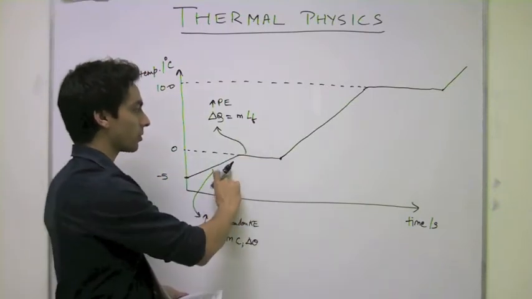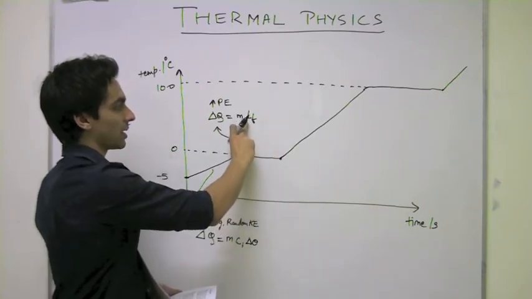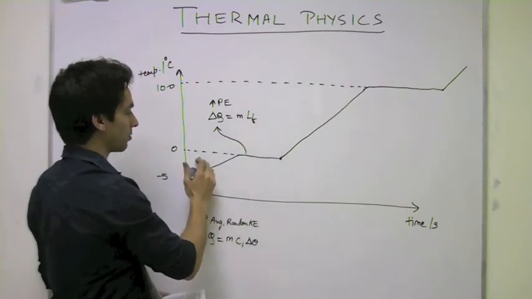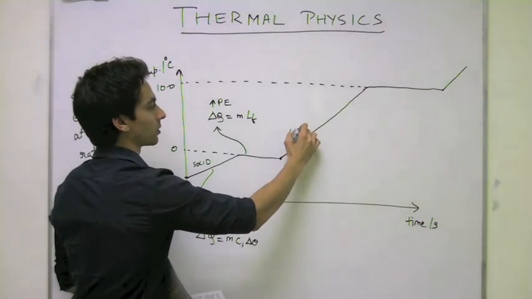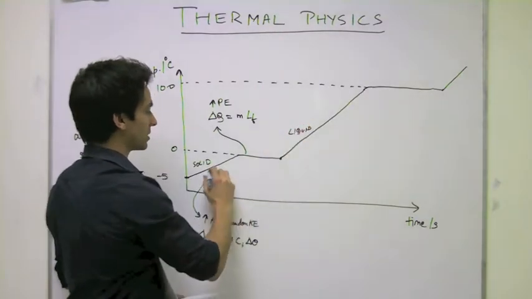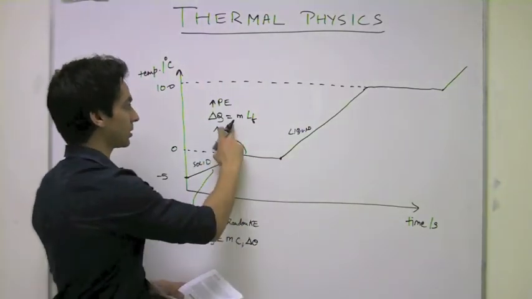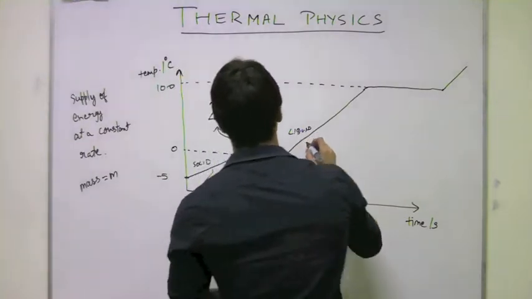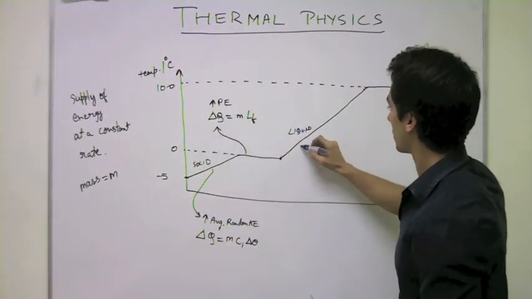And since we are talking about change of state from solid to liquid, we will be talking about latent heat of fusion. Make sure that you're using latent heat of fusion between a solid state and a liquid state. Whether it's changing from a solid to a liquid or liquid to solid is immaterial. You will still use specific latent heat of fusion. Now that will help you to calculate the heat supplied in this portion.